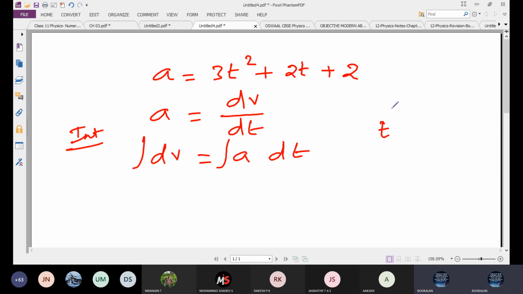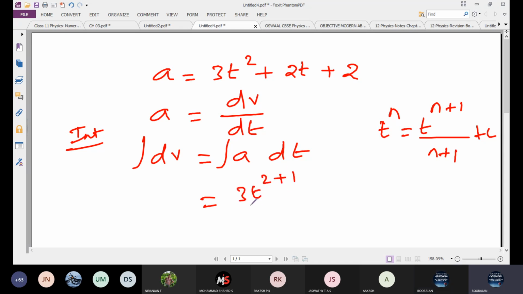Formula: integral of t power n equals t power n plus 1 divided by n plus 1, plus C. The value of a is 3t square plus 2t plus 2. So 2t power 1 plus 1 divided by 1 plus 1, plus actually t power 0 is there.